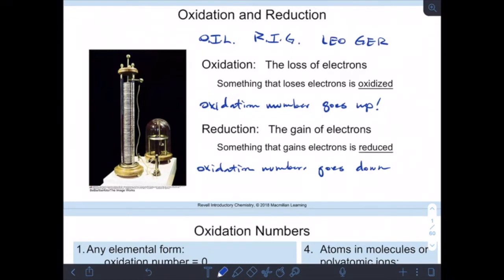Now, oxidation and reduction are a paired thing. You can't have a reduction without an oxidation, and that's very important. If you think you have an oxidation but you don't see a reduction, then you may need to recheck your work.